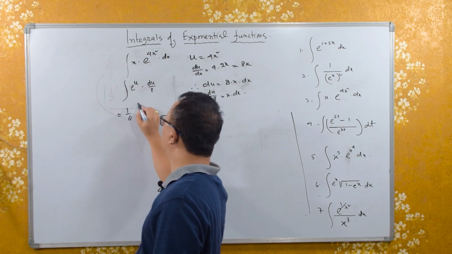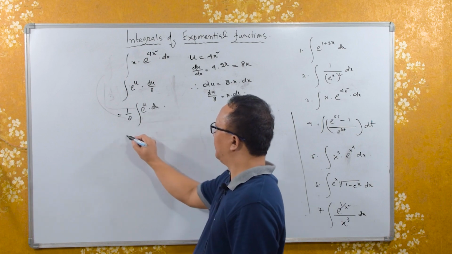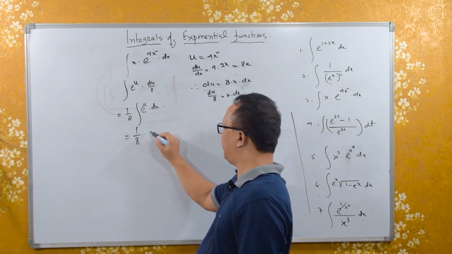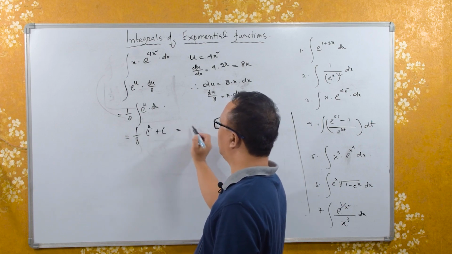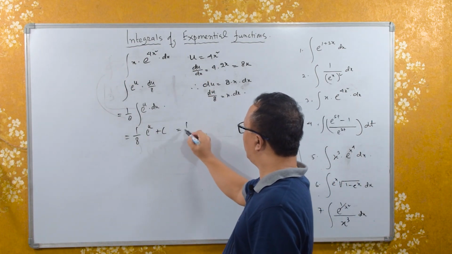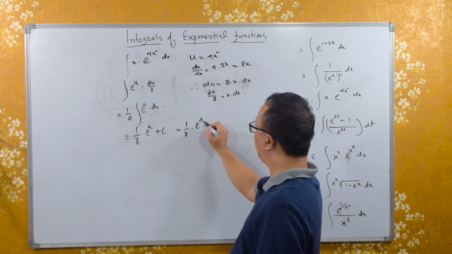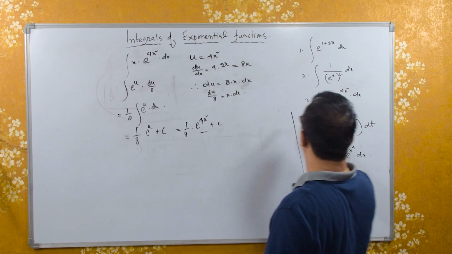So 1 by 8 times the integral of e raised to u du is e raised to u plus some constant. You come back to where you substituted: u is 4x square. So 1 by 8 e raised to 4x square plus c. This is the answer for this.